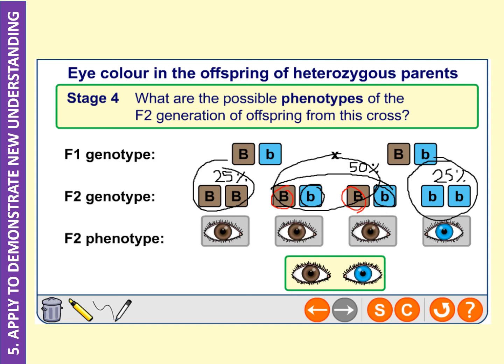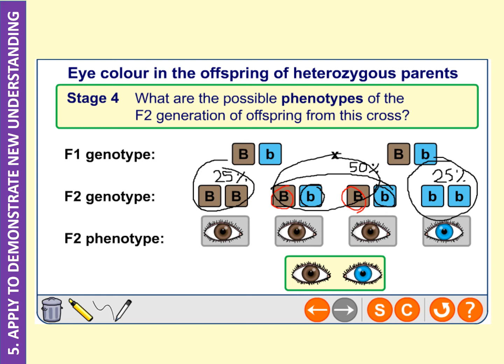So that's a lovely Punnett square there, showing you the breakdown of where Mum and Dad are giving alleles across to their children. So what does this mean in terms of eye colour? If I raise that quickly, this guy here on the left hand side would be brown eyed.